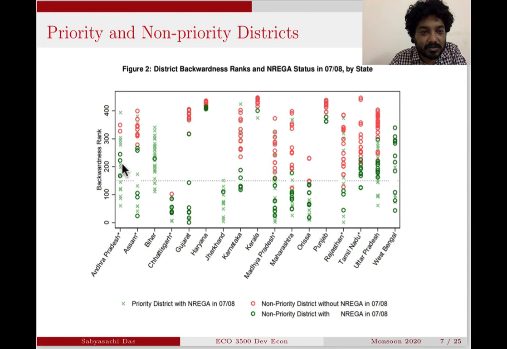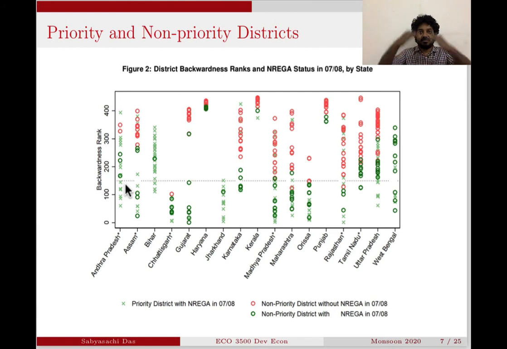Okay, so that's what it means. So they're going to find the highest value of the rank below which all of them are green and above which it's red, and they're going to deduct that cutoff rank from all the ranks of all the non-priority districts.